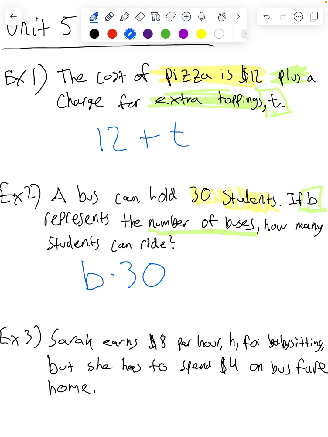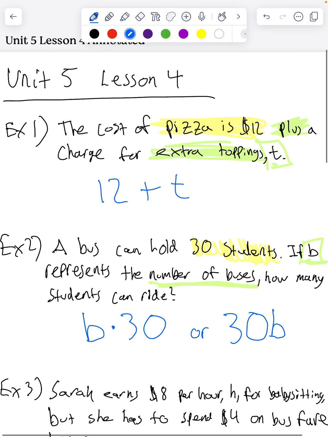So I could write it like B, this dot is another way to write multiplication, B times 30. Or I could flip it around. This is kind of how we want to get to. We want to write our coefficient, that number in front, 30B. This means 30 times B. B stands for bus. So 30 students times however many buses I have.